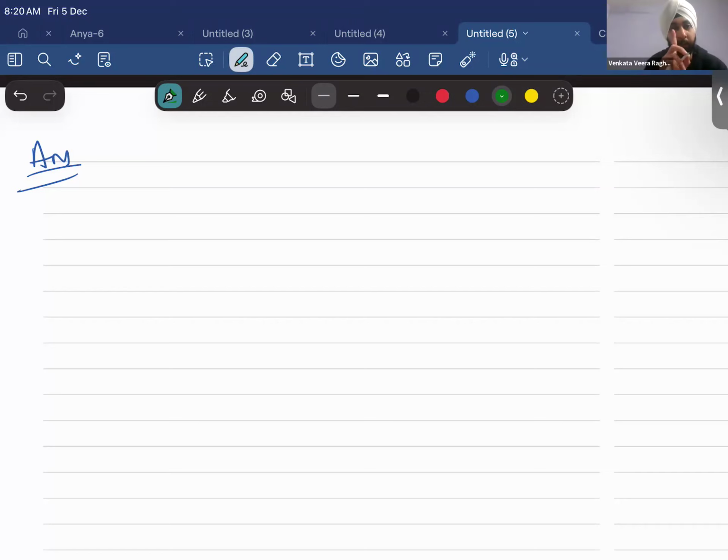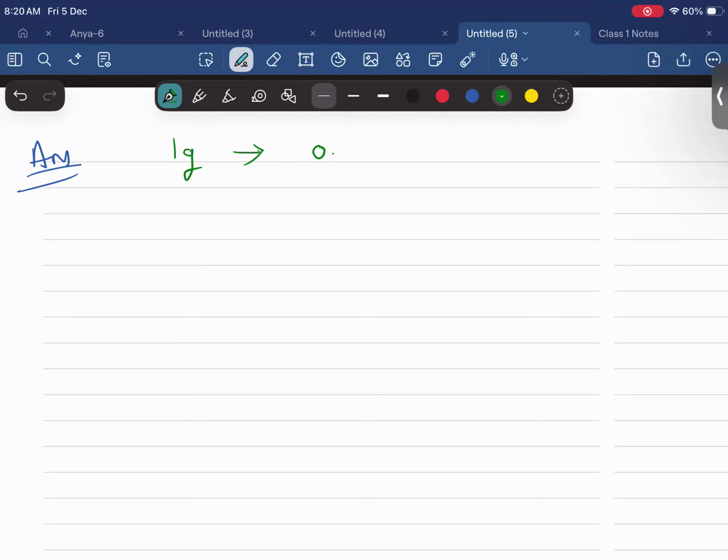See, let us assume that we have just one hemoglobin atom, or let's say you are having 1 gram of hemoglobin. So how many grams of iron will it be containing? In 1 gram it will be 0.34.